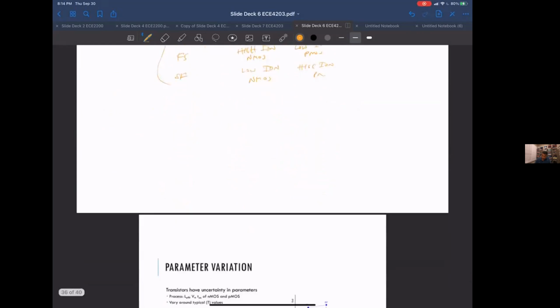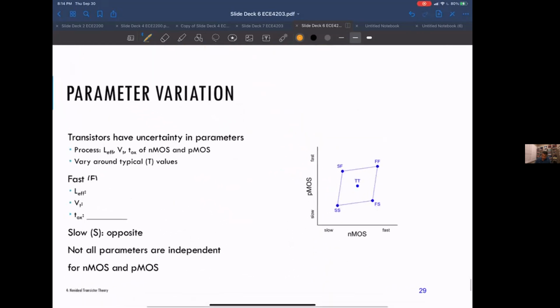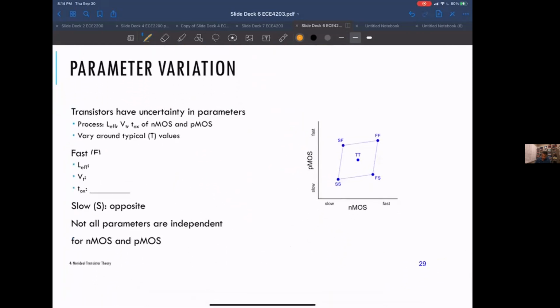And if I was going to plot them out, it'd look like this. So you'll get different transistor models: both transistors being fast, the NMOS being fast and PMOS being slow, that's fast slow, slow slow, which is a slow NMOS and slow PMOS, and a slow NMOS and a fast PMOS, and then we get typical.